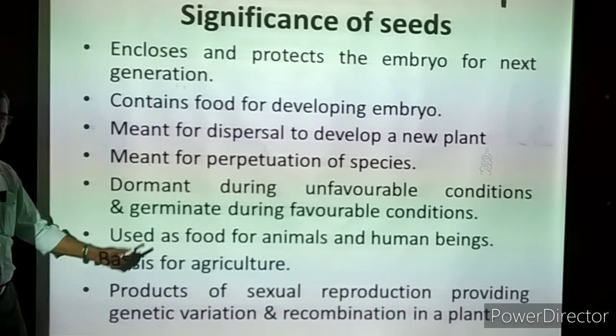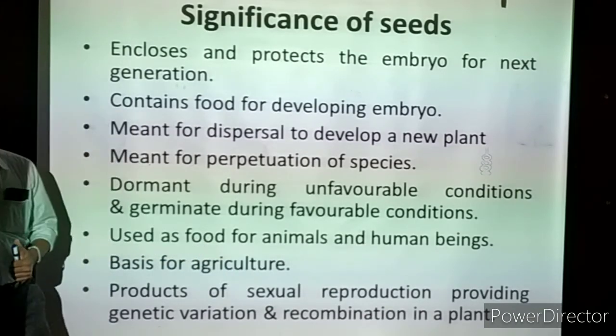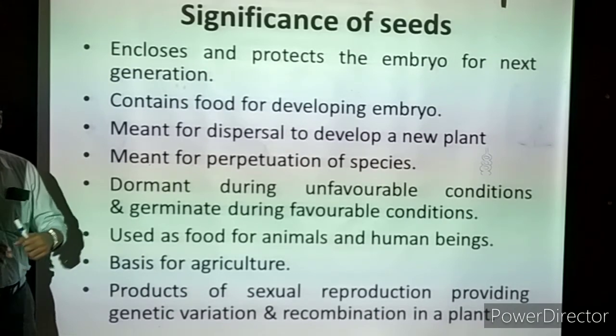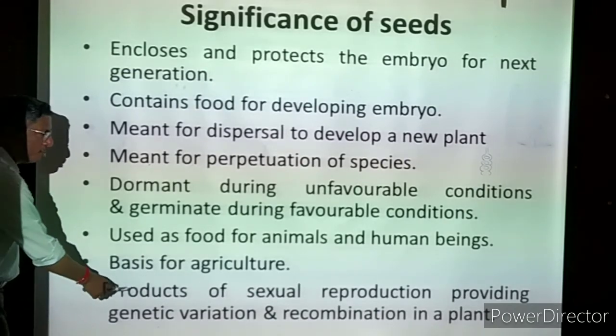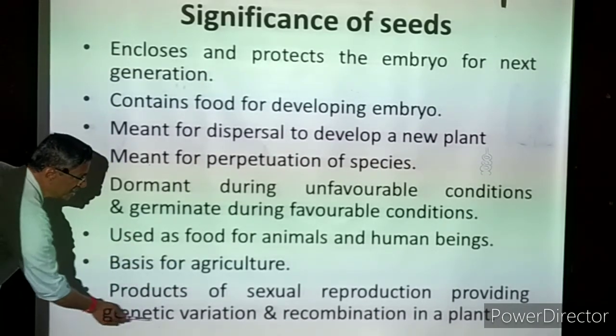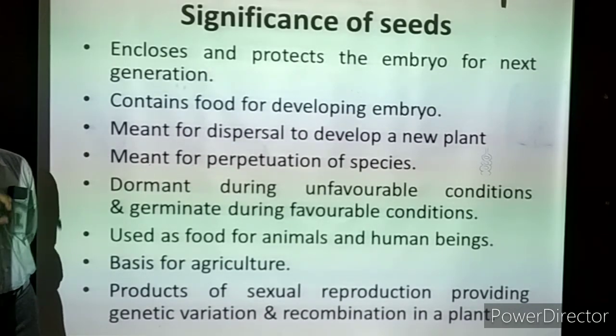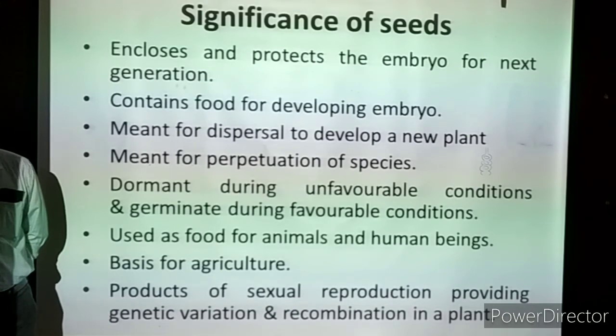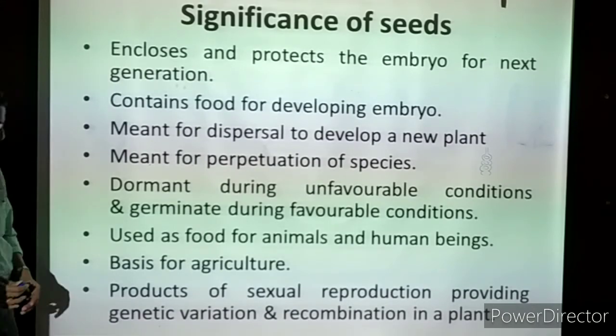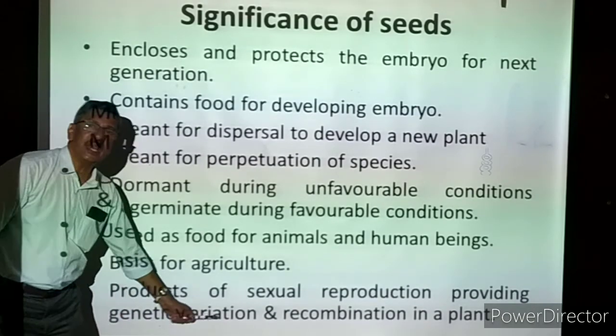That is only in sexual reproduction. As a result, new products are coming out. Once the genes are altered, the characters will change, so the next generation will be a new generation. That is called genetic variation.